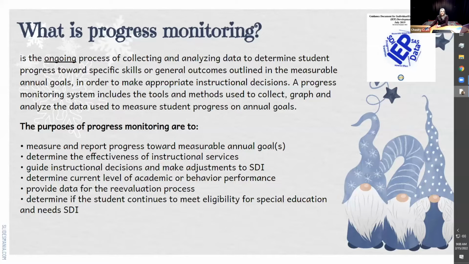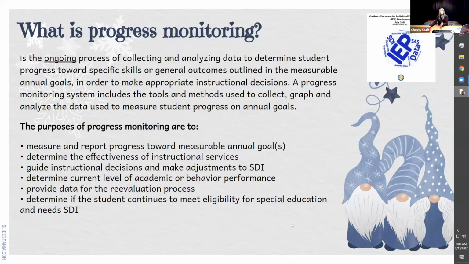And then lastly, you can use it to determine if the student continues to meet eligibility for special education and needs SDI. If you are providing this instruction for students and they're meeting their goal, and then you make instructional changes and take away the supports and scaffolds and they're still meeting their goal, you may see that they may not need special education.